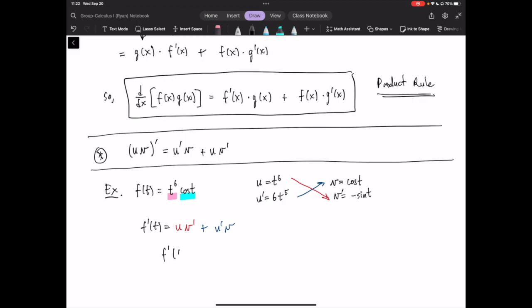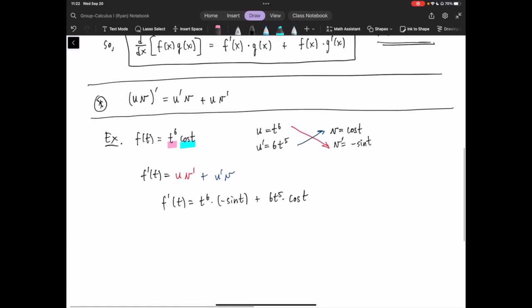So the derivative of our function f is going to be u, which is t to the sixth, times negative sine of t. Make sure you keep this in parentheses since it's a negative sign, not a minus, plus u prime, so that's 6t to the fifth, times cosine of t. Okay, and then we should always simplify this. The only thing here that we have to simplify is to move that minus sign out to the front.